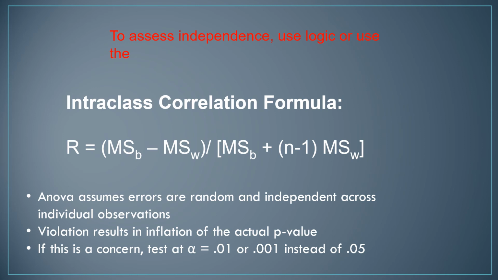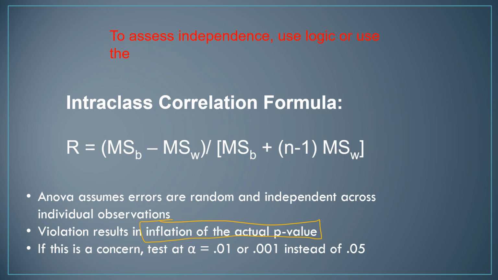And we have to remember that any ANOVA analysis is going to assume that your errors are random and they're independent across all of your individual observations. And so if you have a violation of this independence where any one of the groups has an inflated error, it's going to also inflate the p-value. And that's where we can have some problems with this independence of error.